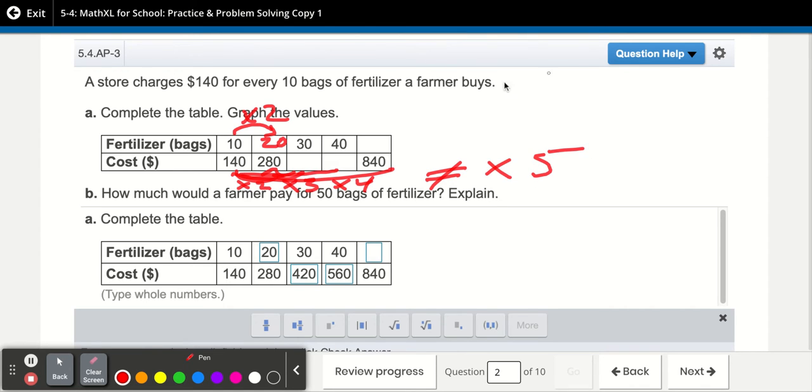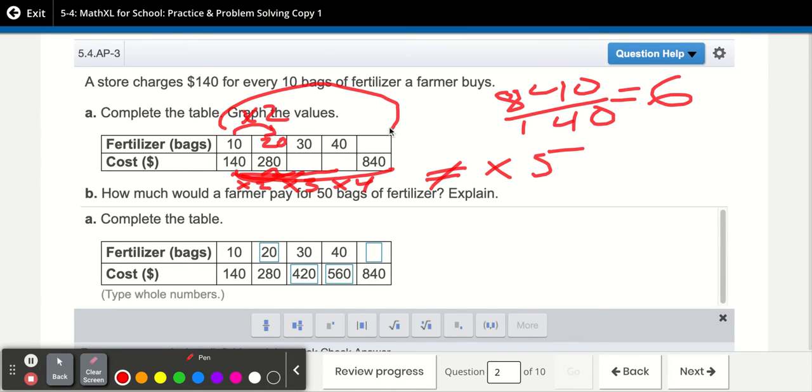Okay, so what is 840 divided by 140? Well, it's not 5. It's going to be 6. So our multiplier in this case, for this last equivalent ratio, is times 6. All right, so this is going to be 60. It's going to go from 40 to 60.